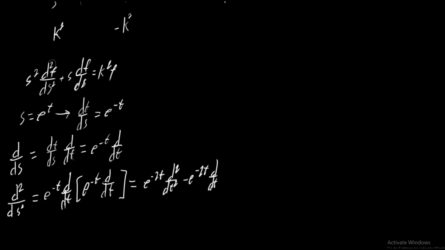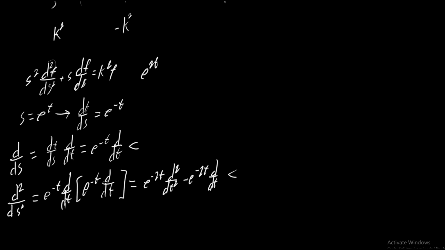So now all we do is substitute these two identities in, so this one and this one, into this equation to make it all in terms of t, and also substitute the s in. So we're going to get e to the 2t, because s is equal to e to the t, squared, e to the 2t.